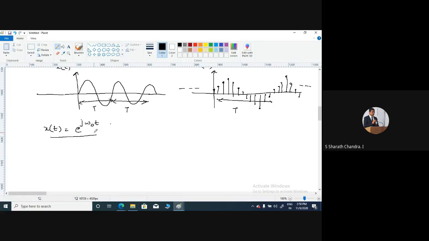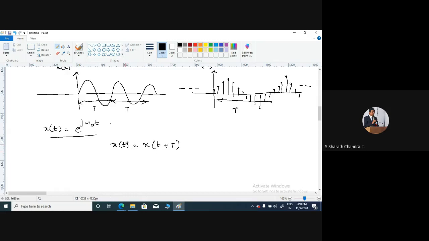It is given that x of t is equal to e power j omega naught t. Therefore, x of t will be periodic only when x of t is equal to x of t plus capital T.